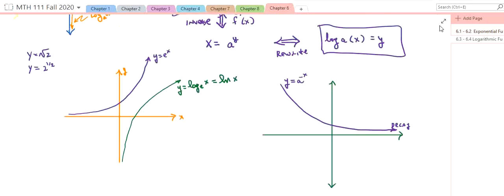Another piece, although this is not typically used very often: if we have a decaying exponential function, like this purple line, then it's one to one, and it also has an inverse, and that inverse is something like this.